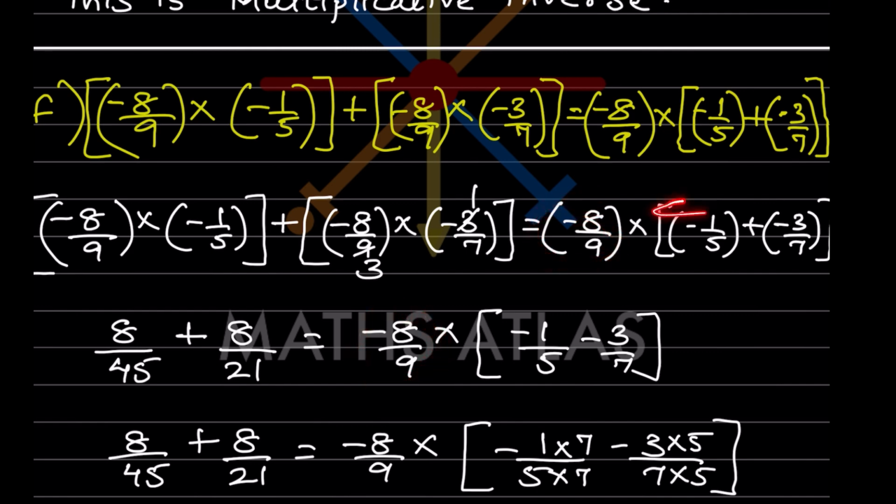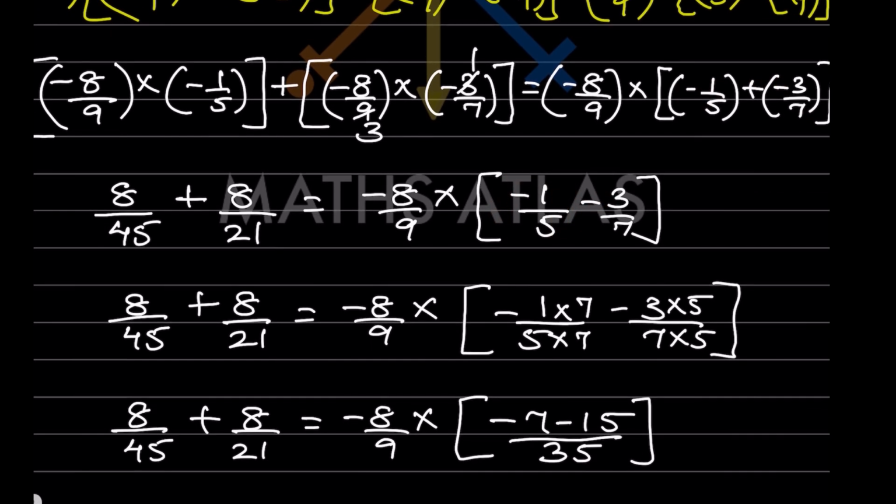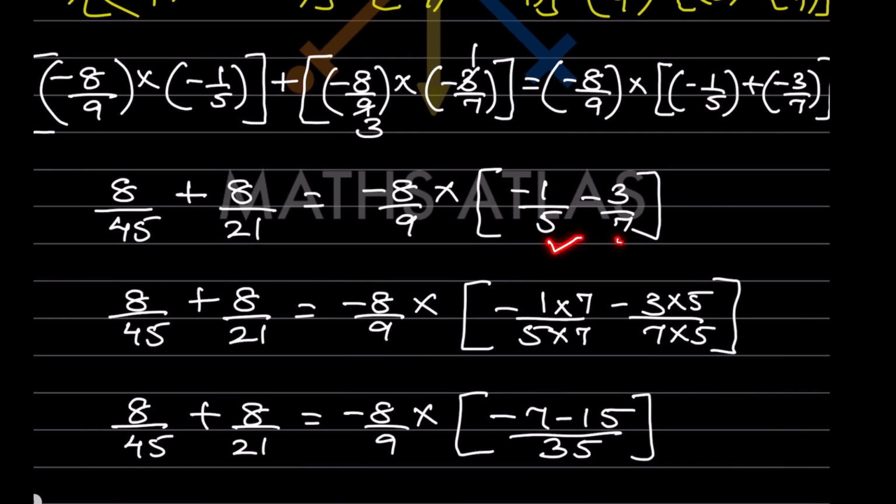Now, because this is a square bracket, let me solve this first. What I can see here is minus 1 by 5, plus minus is minus, 3 by 7. Let me keep it in the bracket, because the denominators are different and here is a minus sign. If it was multiplication, we could have opened the brackets, that was not a problem.